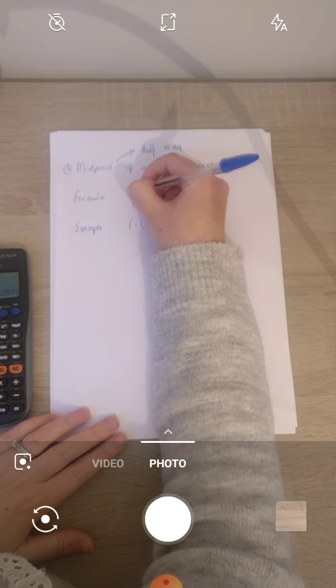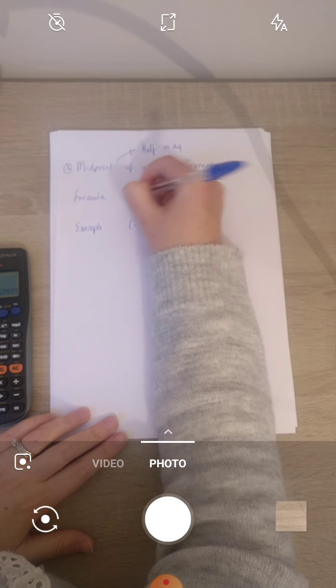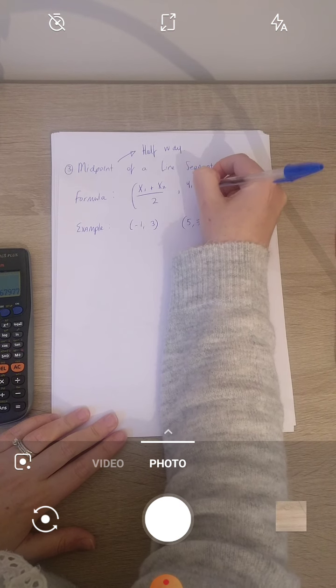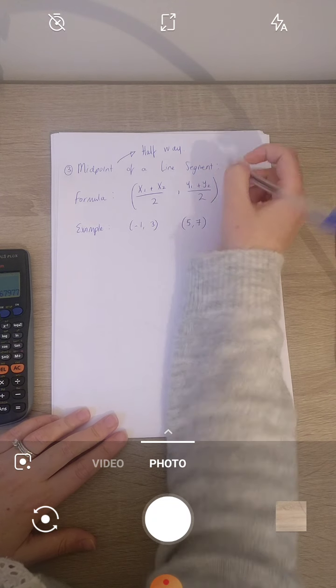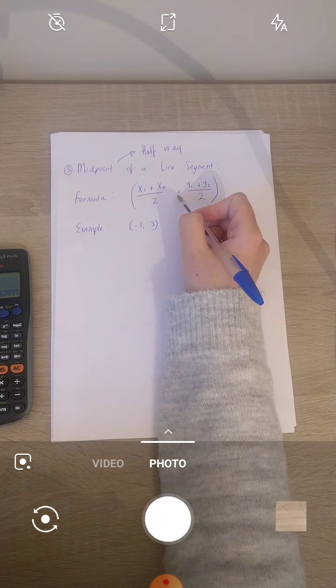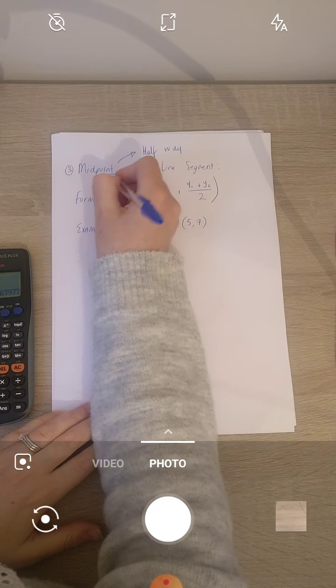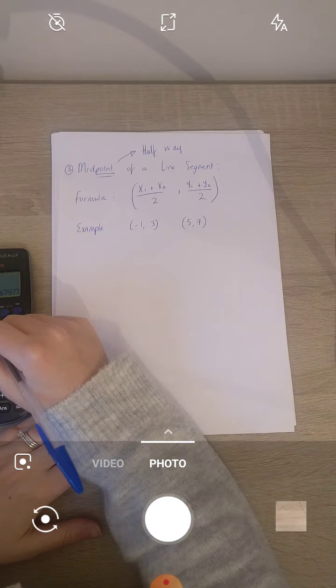So the formula for midpoint is x1 plus x2 over 2, y1 plus y2 over 2. And notice I have a comma in between because your answer is a coordinate. You're looking for a point. So it's an x and a y.